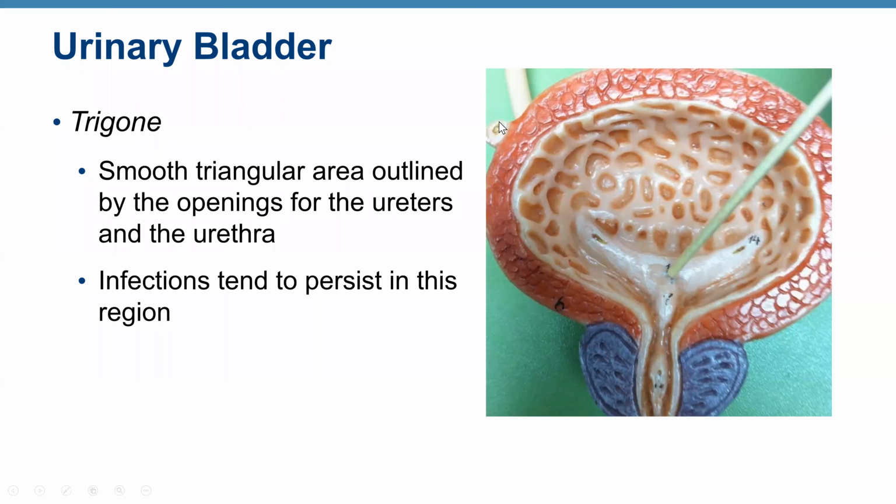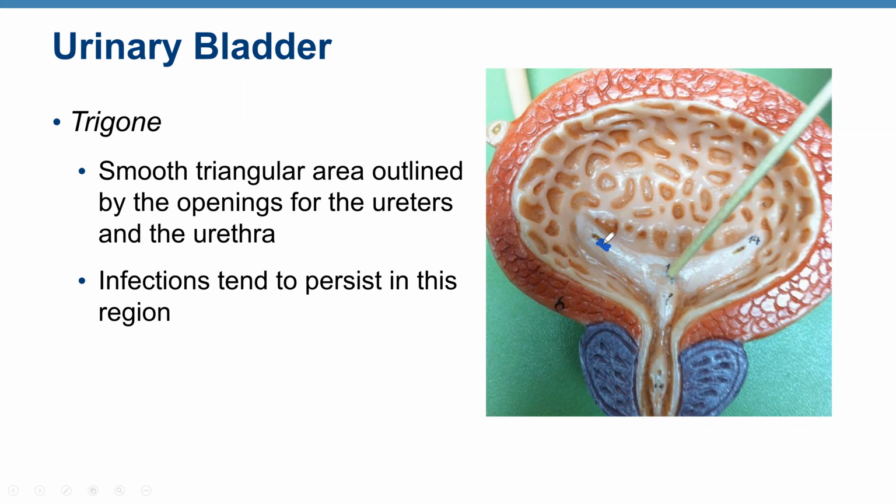The urinary bladder has a very important structure called the trigone. It's a smooth triangular area outlined by the openings for the ureters and urethra. So here's the opening of the right ureter, here's the opening of the left ureter, and this is the opening of the urethra.